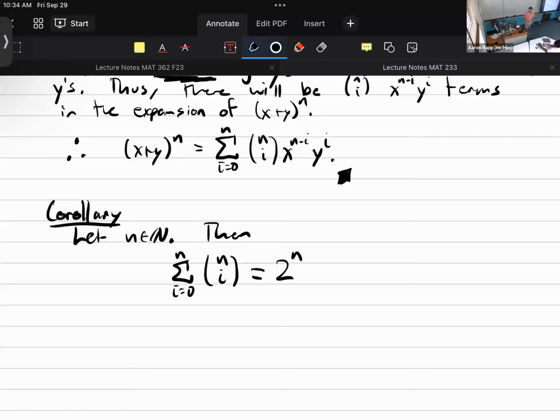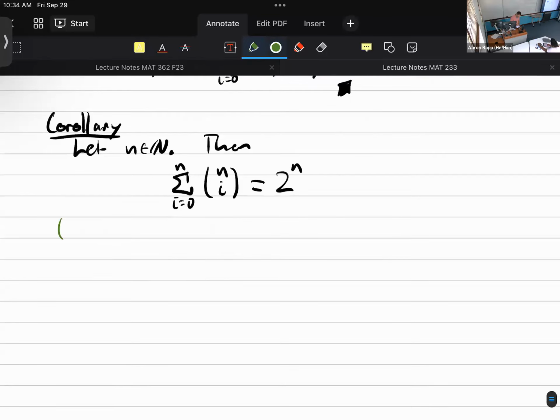Yeah, so if we took it back to that one example, right? Let me write this in green again. What we're saying is 4 choose 0 plus 4 choose 1 plus 4 choose 2 plus 4 choose 3 plus 4 choose 4. This will actually be the same thing as 2 to the 4. Well, 4 choose 0 we saw was 1.